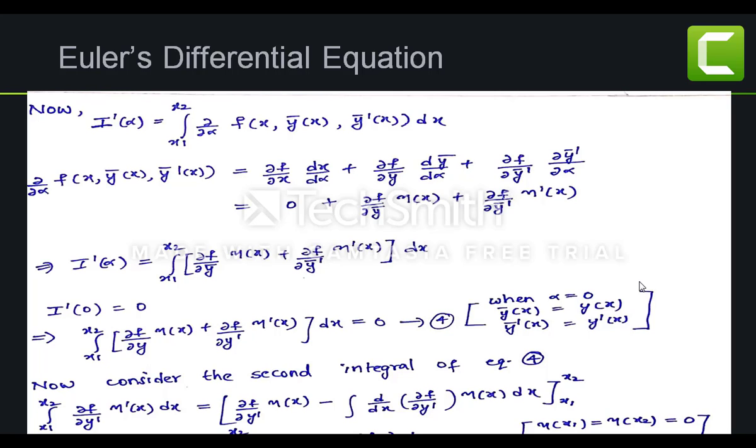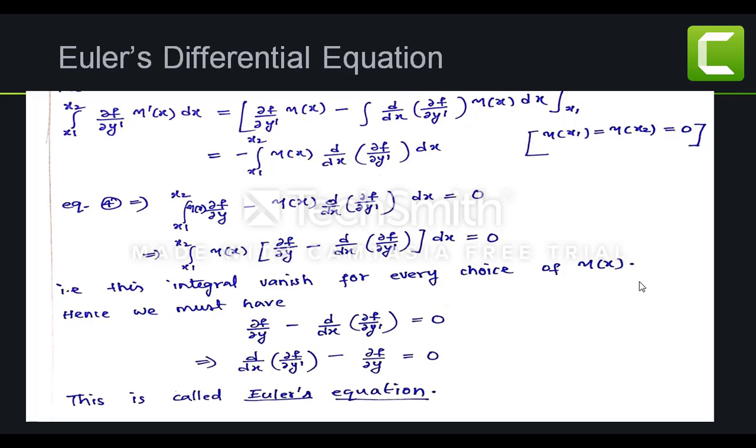Now when we put the limit x1 to x2, the first term vanishes because we have η at x1 equal to η at x2 equal to 0. So the first term vanishes. We have only the second term. So it is equal to minus integral x1 to x2 η(x) d/dx of ∂f/∂y' dx.